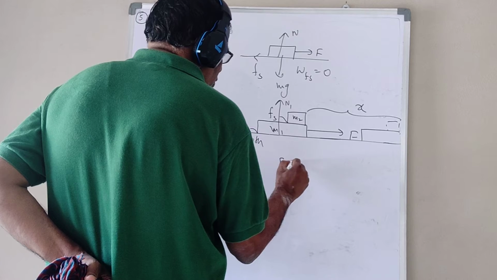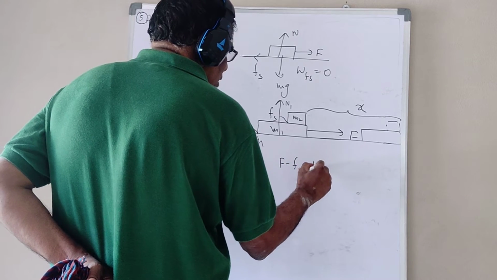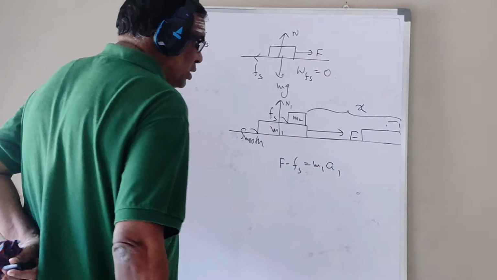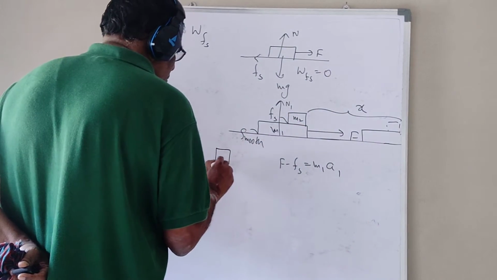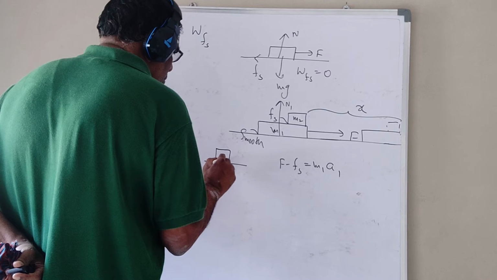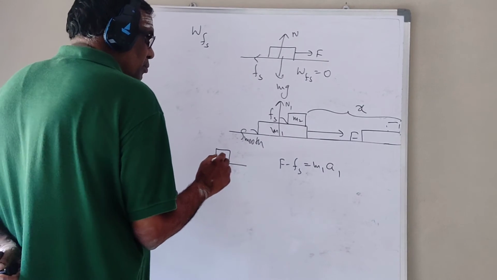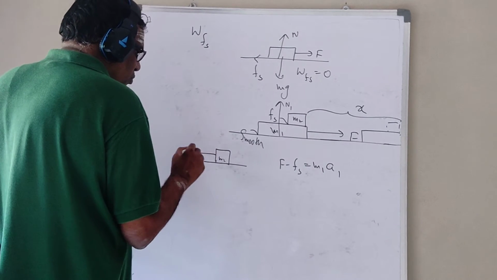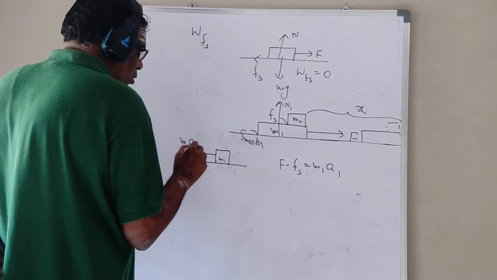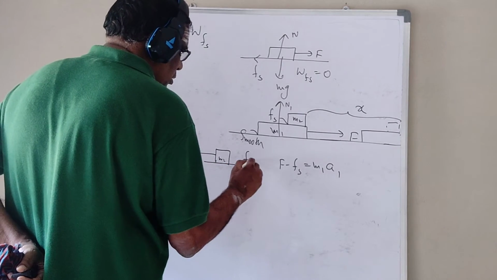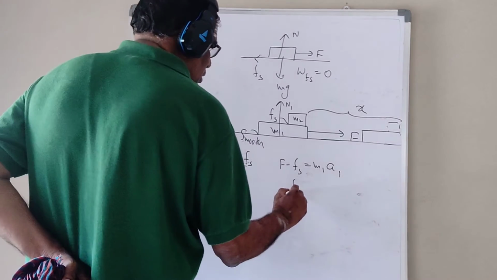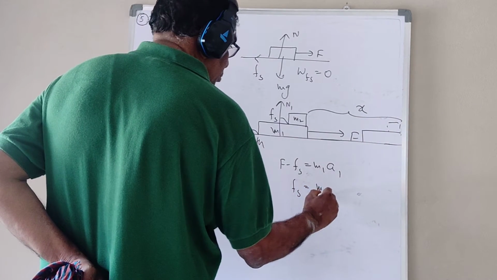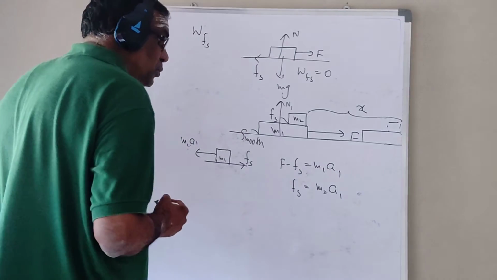So F minus Fs equals M1 A1. On M2, it is going with A1, and this is because friction is taking it forward, therefore Fs is equal to M2 A1.